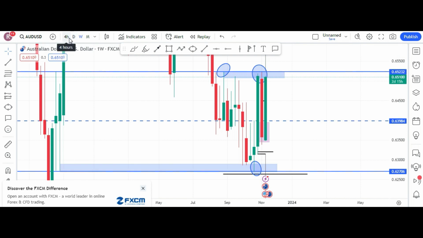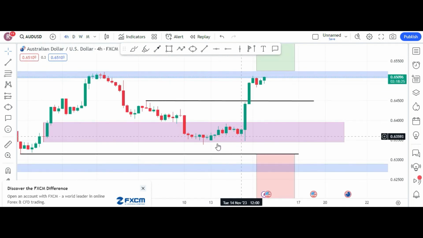So we went to the 4 hours time frame, and we found that this is a single candlestick which is opposite in color in an uptrend, and that stopped the price here, and the price hovered here for almost 2.5 days, ranging, and after that it failed to break below.